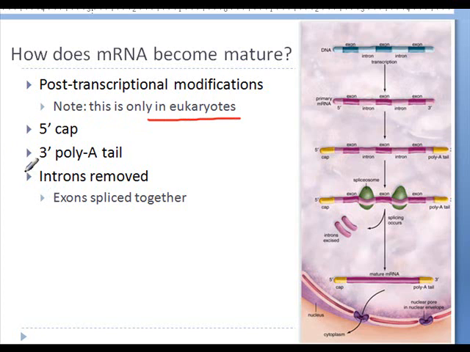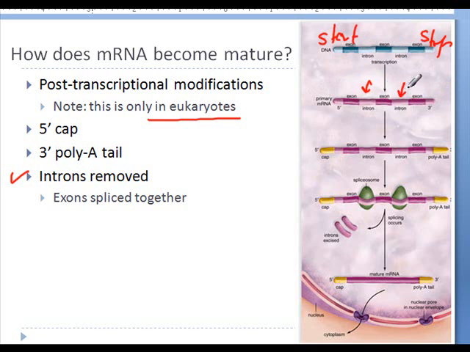The first thing I want to talk about is the introns being removed. When transcription began, the DNA is transcribed into the mRNA, starting with the start sequence and ending at the stop sequence. Within that, there are regions that make no sense, and these are called introns.